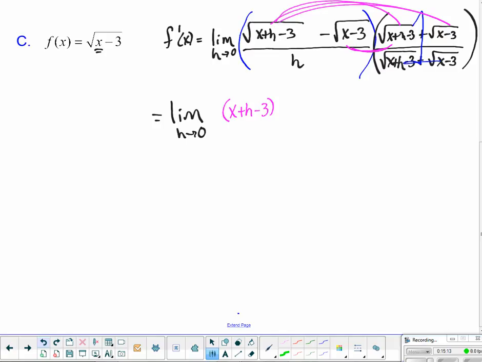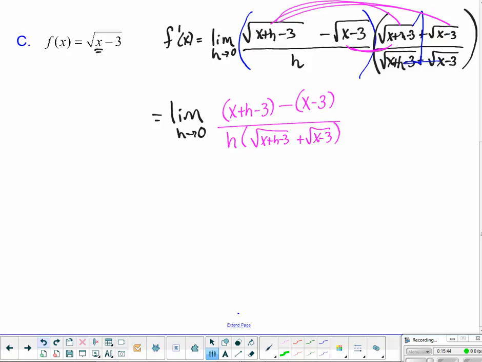Noticing one of them was a plus, the other's a minus, so they will add up to 0. And then we've got last times last, which will give us a negative root x minus 3 times a root x minus 3. That'll give me the value under the radical of x minus 3, all over h times the square root of x plus h minus 3 plus the square root of x minus 3.